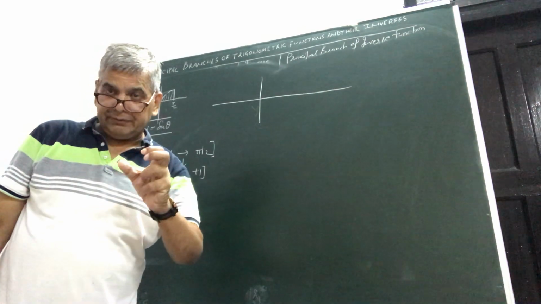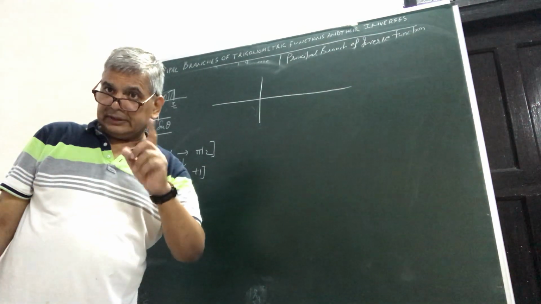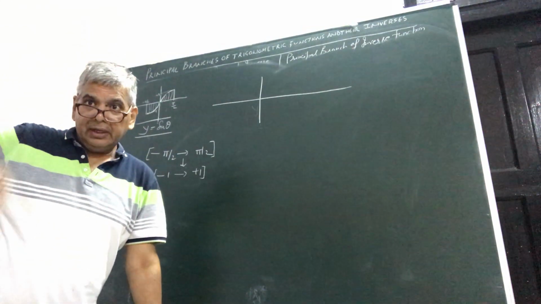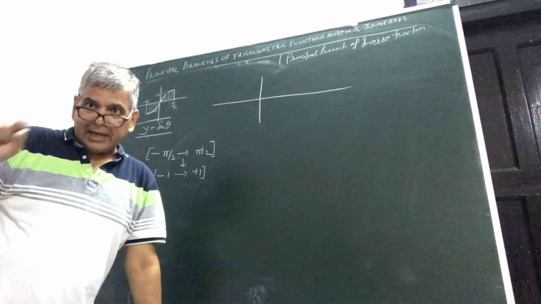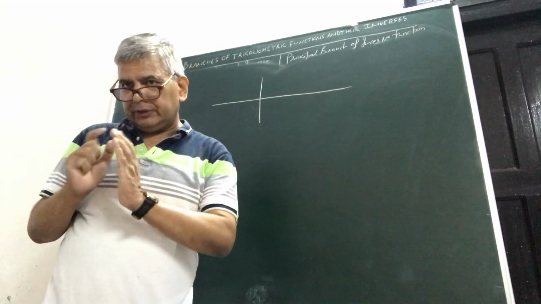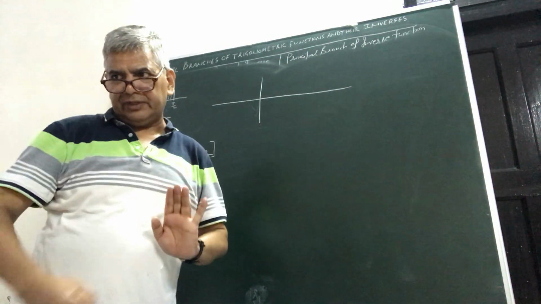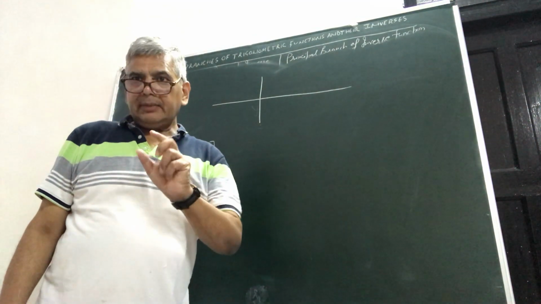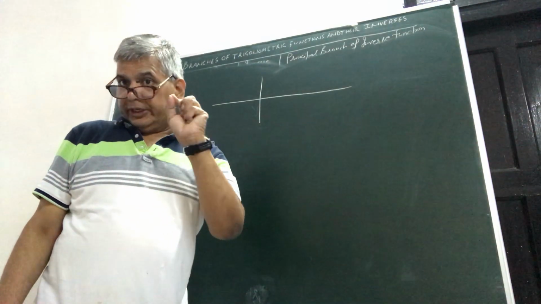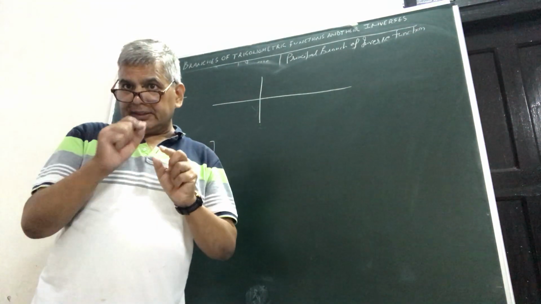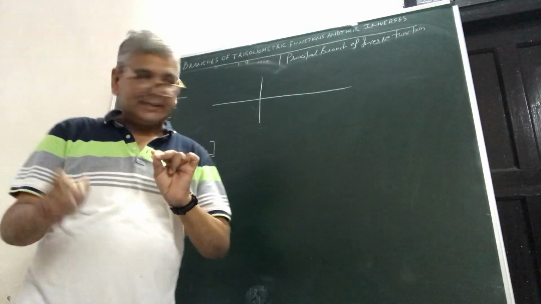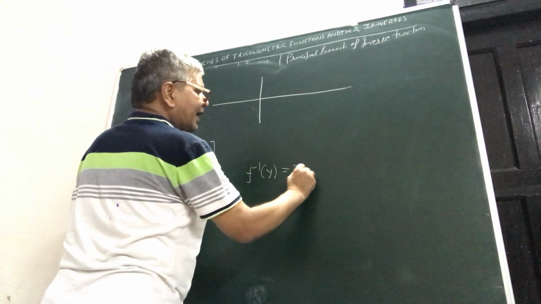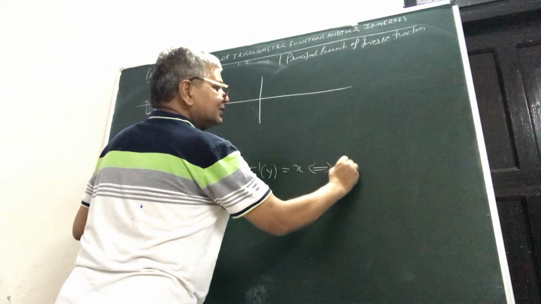You recollect, there was the theorem that f is invertible if and only if f is one-one onto. And when you were proving this side, that given f is one-one onto and you wanted to show that f is invertible, then you defined that f inverse y is equal to x. You said that f inverse y will be equal to x if and only if f x is equal to y.